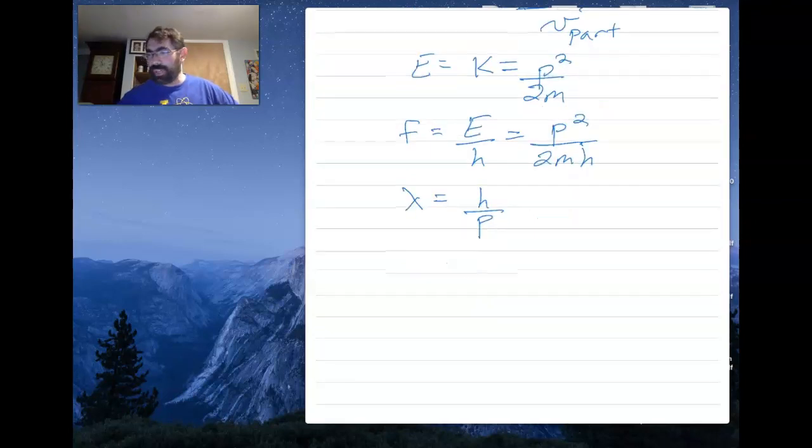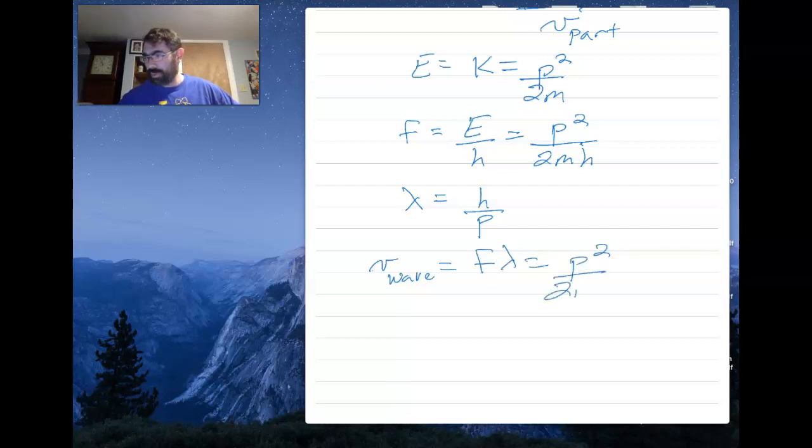So if we put those two together naively, then the speed of our wave, I should say, is the frequency times the wavelength, which is now the momentum divided by 2m.